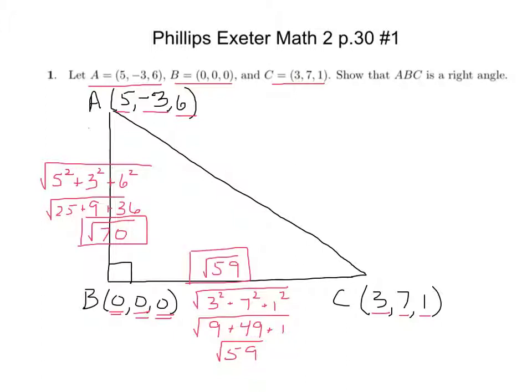And our last side, AC, is a little bit more difficult because we're not starting at the origin, but our distance from 5 to 3 is 2, so I can do square root 2 squared. The distance from -3 to 7 is 10, so plus 10 squared.